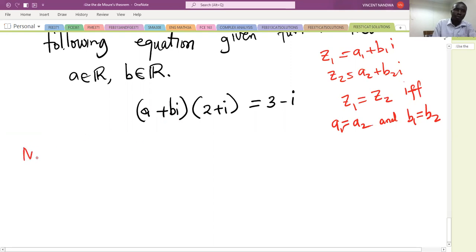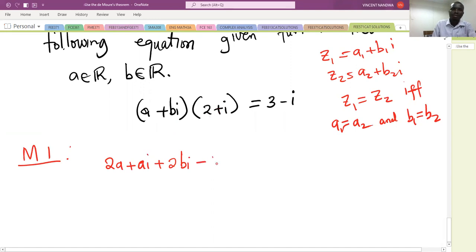So method 1. Let's expand. We'll have 2A plus AI plus 2BI plus BI times I, which is I squared, which is -1.